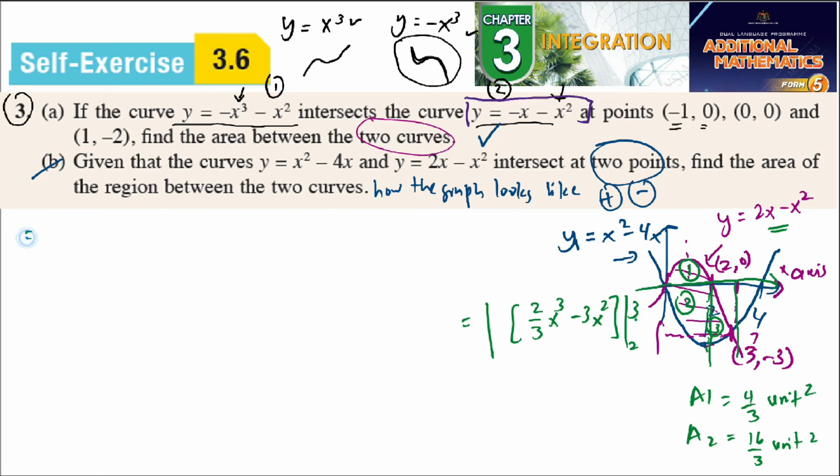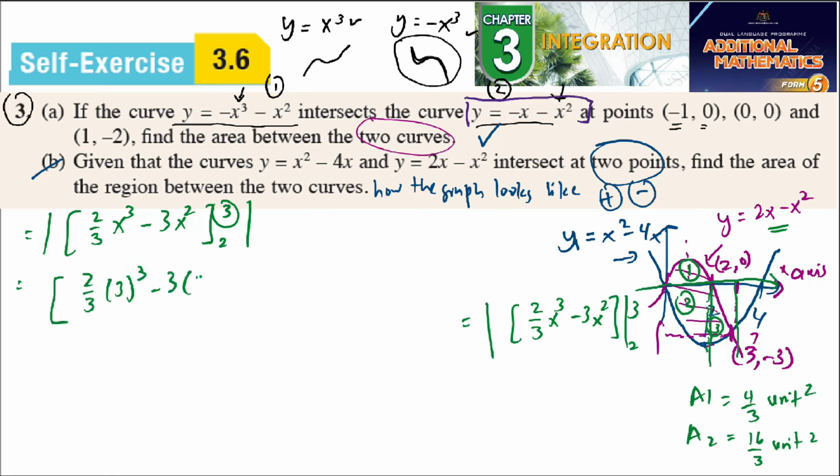Which is equal to, so first you substitute with 3, so just write it here. So 2 over 3 x cubed minus 3x squared, 2 to 3. So when we substitute 3, which is equal to, when we substitute with 3, so here we get 2 over 3, 3 cubed minus 3, 3 squared.